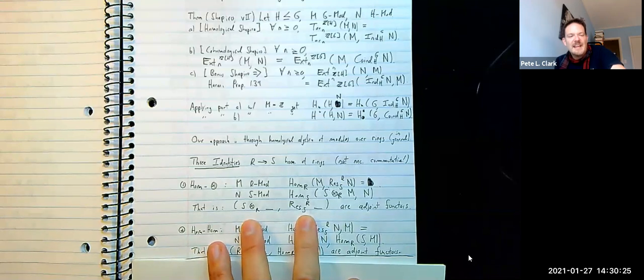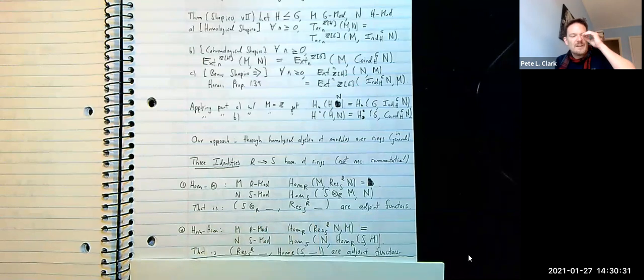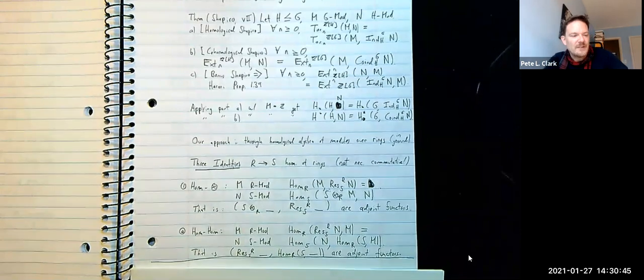Maybe I didn't say they're adjoint functors, but I said you can pull back an S-module to an R-module, and you can push forward an R-module to an S-module. And what did I mean by module push forward? I meant tensor product. So I was indicating that these two processes are adjoint.